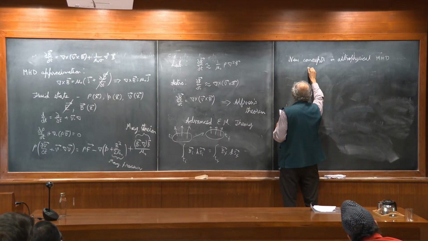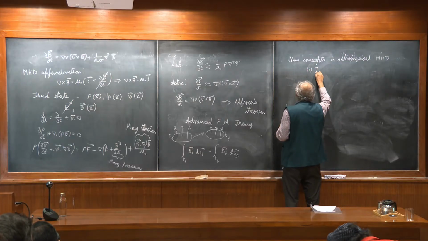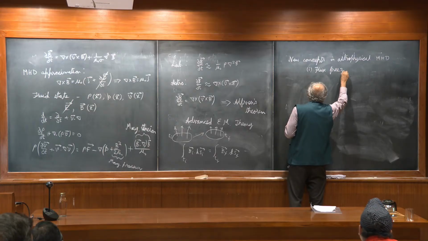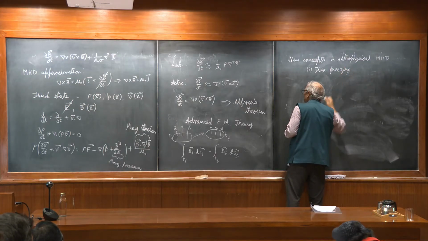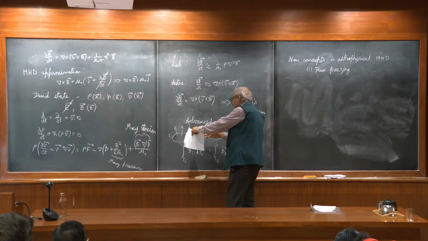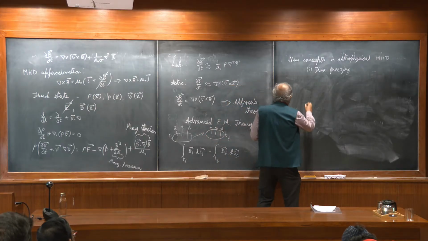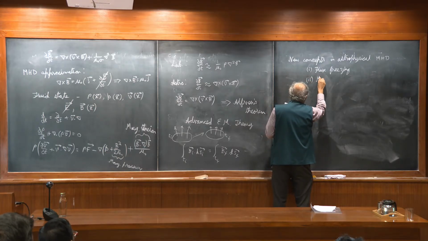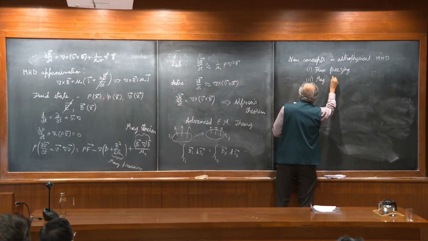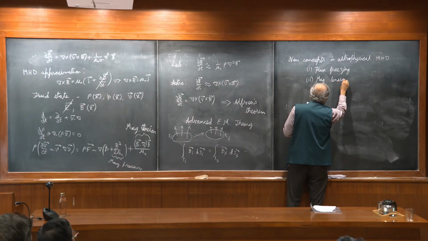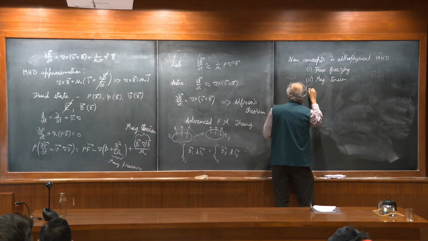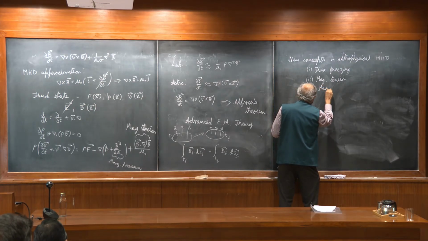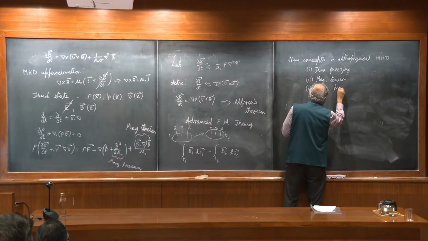In such a situation, one is flux freezing, as if the magnetic field is frozen in the plasma, and when the plasma moves, the magnetic field moves with it. Another is magnetic tension. And another is magnetic pressure.